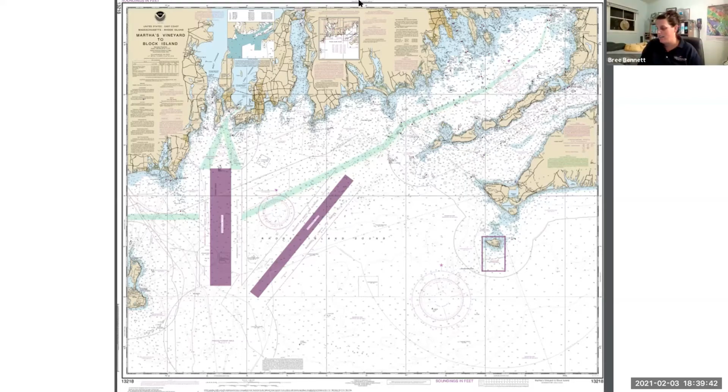Correct. It is both Brenton Reef Light and what's the other one we use? It's on the chart. The Buzzards Bay Light and Brenton Reef Light are in the middle of the water. So they're surrounded by water, but they're fixed to the sea floor, on some sort of structure.